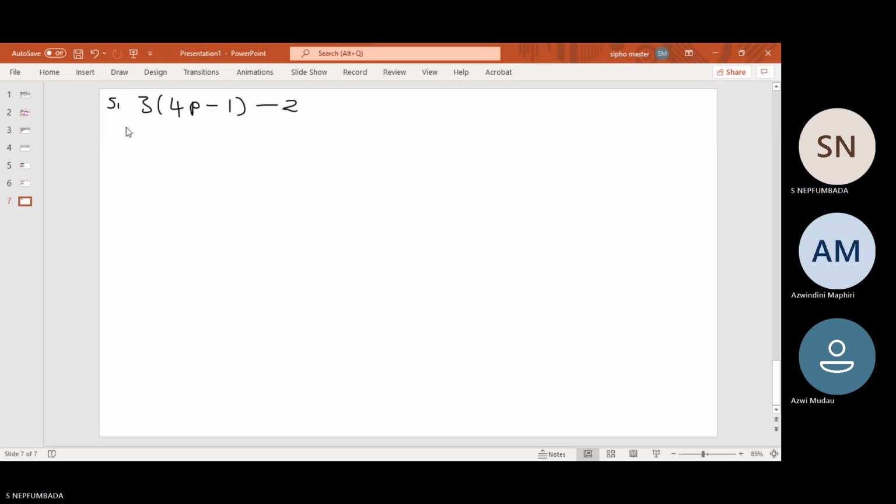Then now, here we go. We're going to have 3 times 4p. This 3 is going to multiply this. This 3 is going to multiply that. Then we've got 3 times minus 1. We've got minus 3. Then our minus 2 is written like that because it doesn't have anything to do with the brackets. Then we've got 12p.